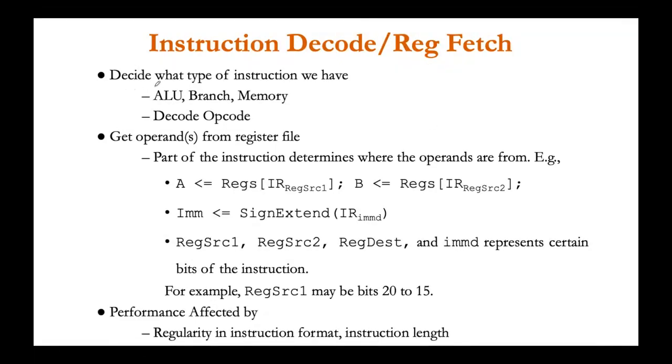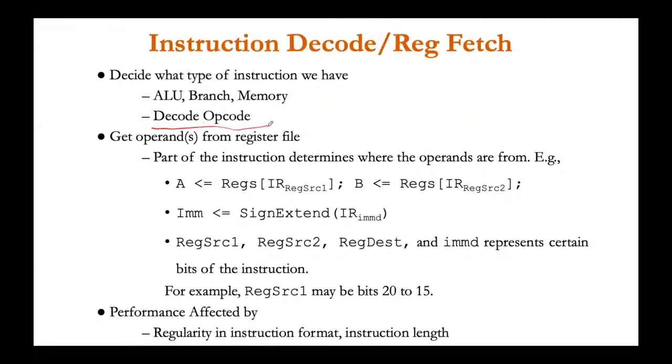It decides what type of instructions we have, whether the operations are ALU, branch, or memory. We have seen the subtraction instruction is decided, and also the store or load instructions, which are memory instructions.